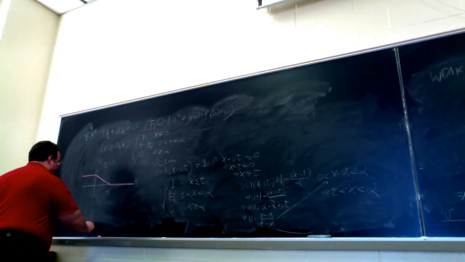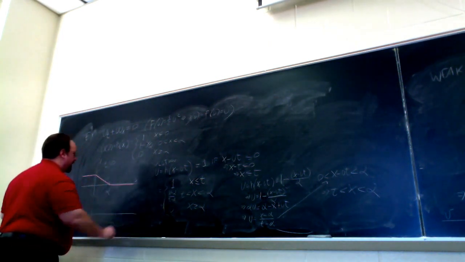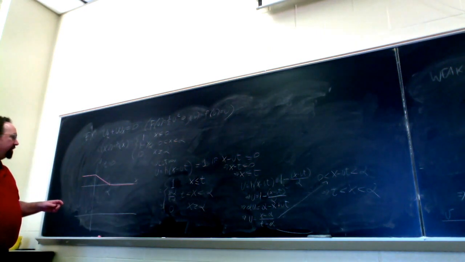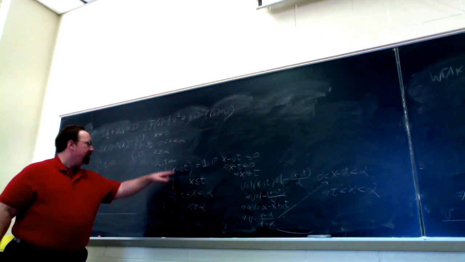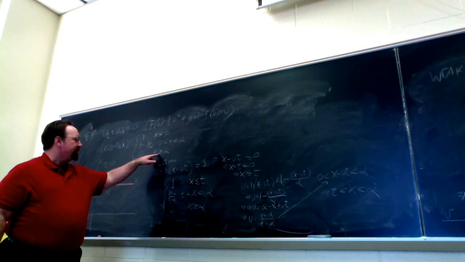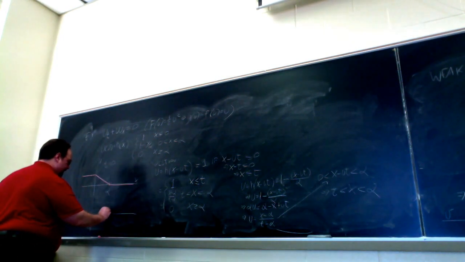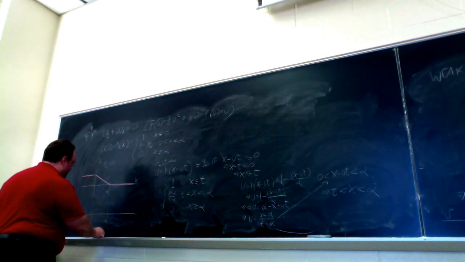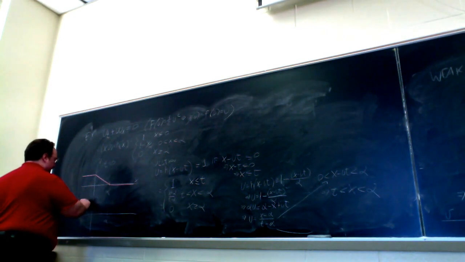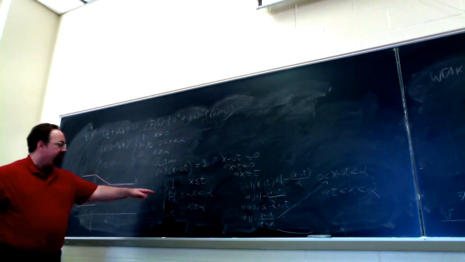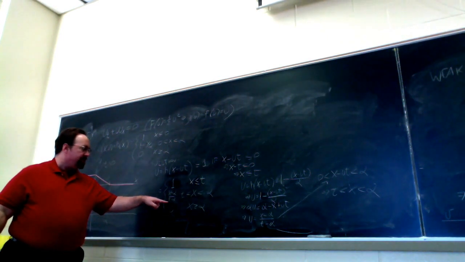So now, what's going on? If I draw the solution again, notice that for all time, the solution is going to 0 at alpha. But what's happening is the solution is equal to 1 for a longer time. And what is the slope? The slope is 1 over t minus alpha.